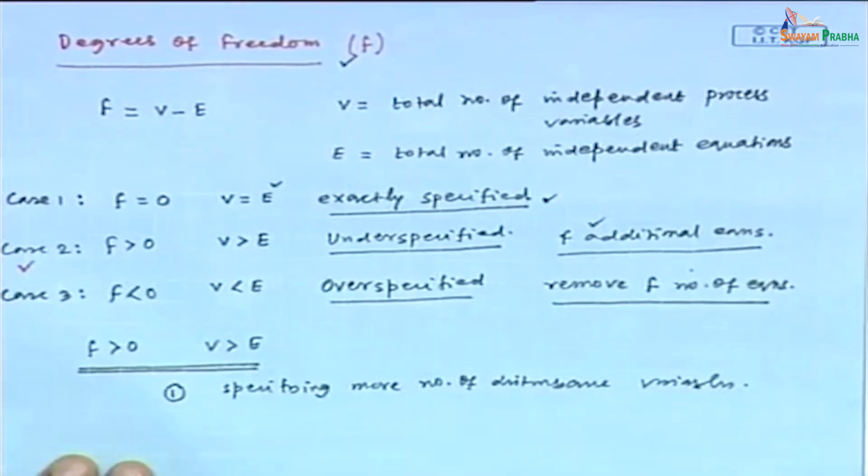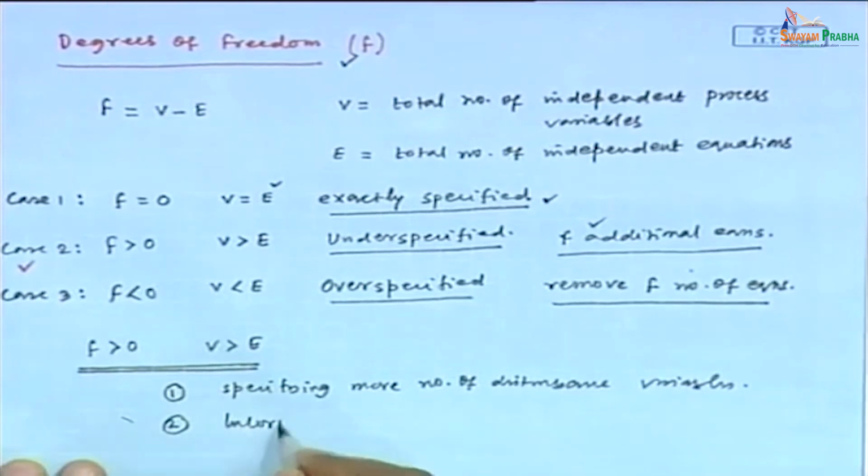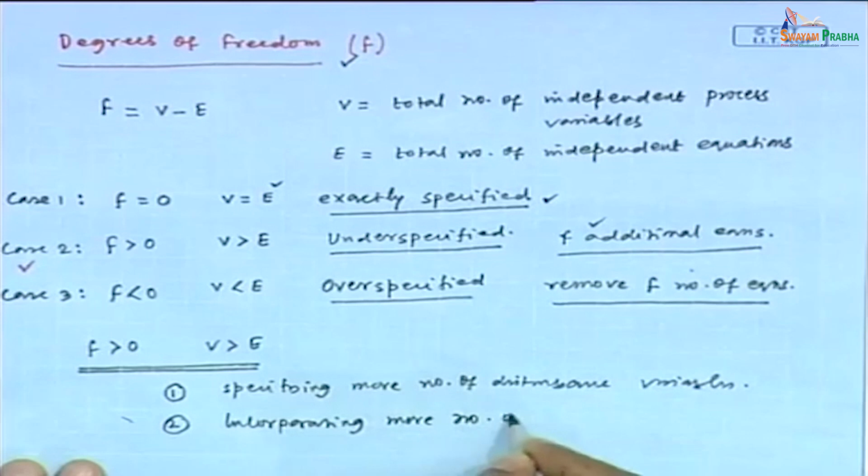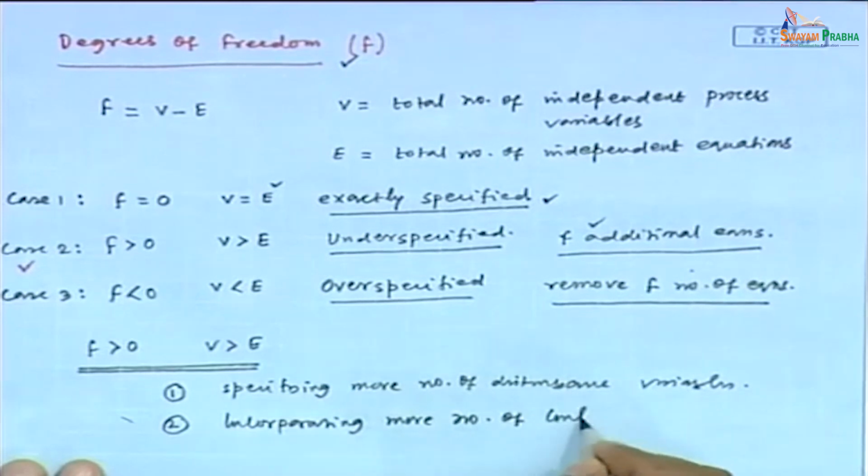If we can specify more disturbance variables, then the number of unknown variables is reduced. Fine. So, this is one option, and the second option is by incorporating more controller equations.